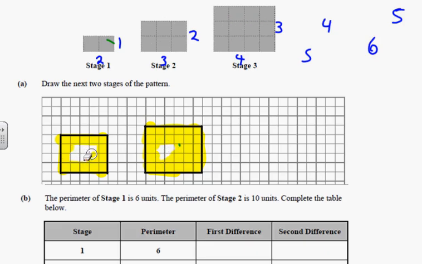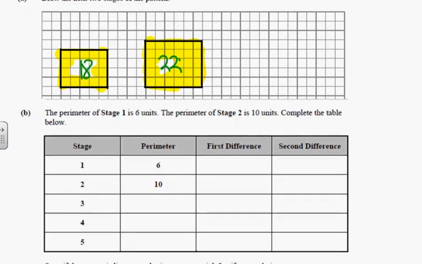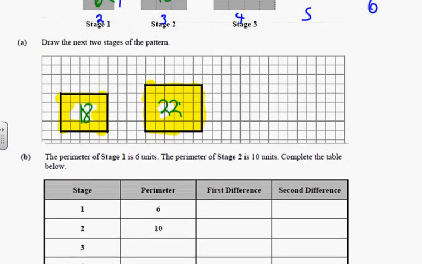Okay. Perimeter. What's the perimeter of the first one? 2 across, 1 down, 6, yeah? Perimeter of the next one? Perimeter of the one after that? 14. Perimeter of the one after that? After that? 22. Okay. 6, 10. It goes up in 4s.